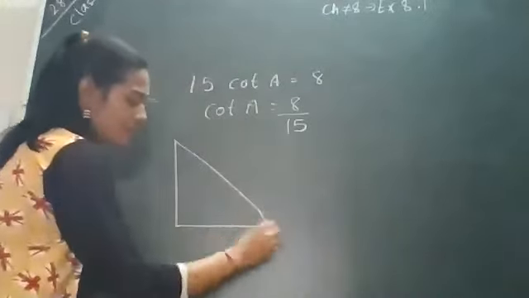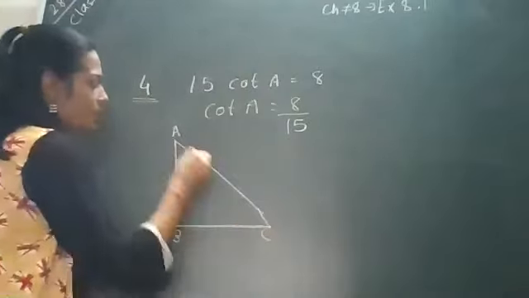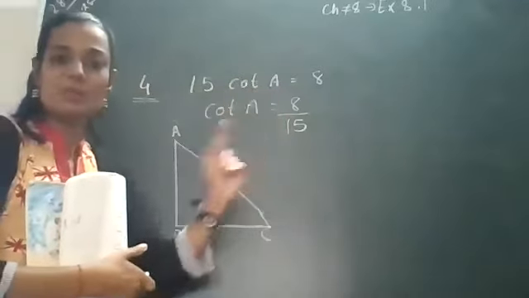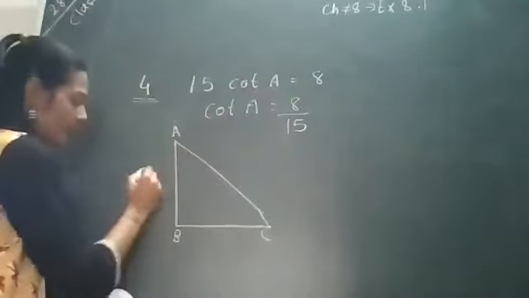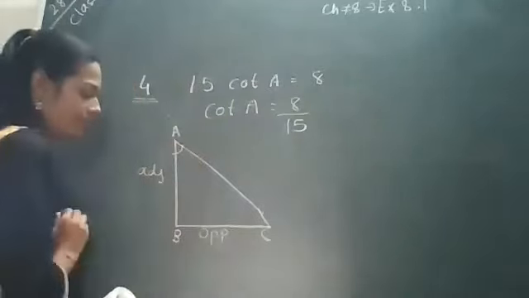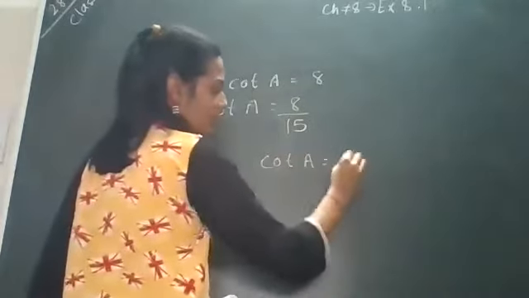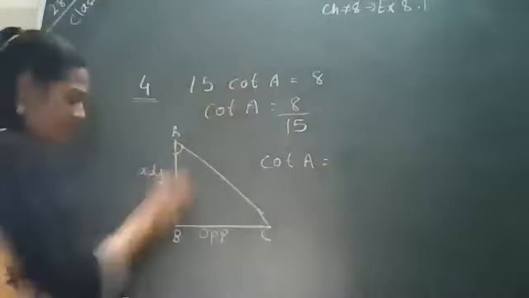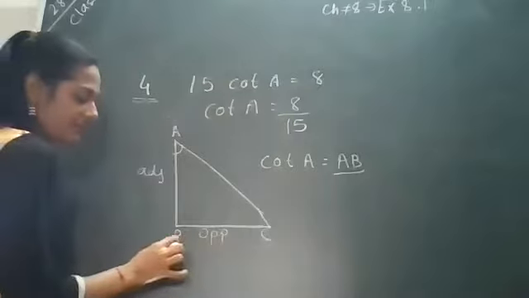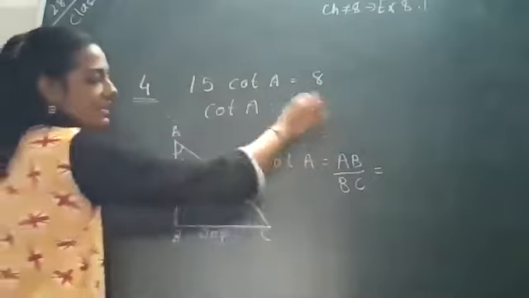So A, B and C is there. Cot A, what do you mean by cot A? Adjacent upon opposite. So this will become the adjacent side and this will become the opposite side of A. Cot A is equal to adjacent side AB upon opposite side BC, and cot A is given as 8 upon 15.